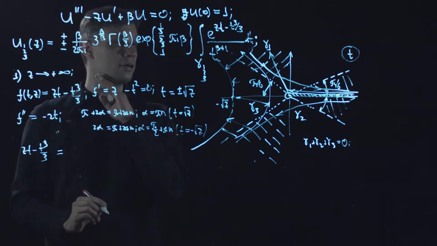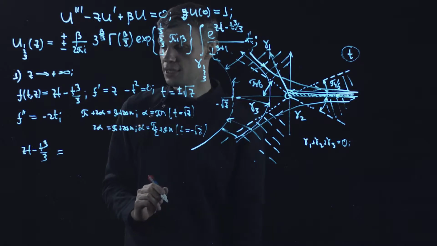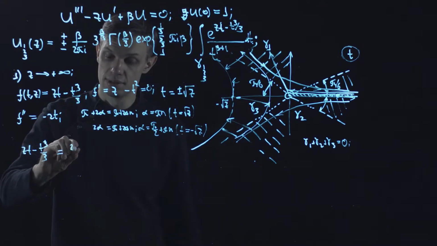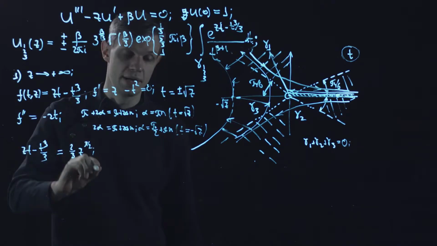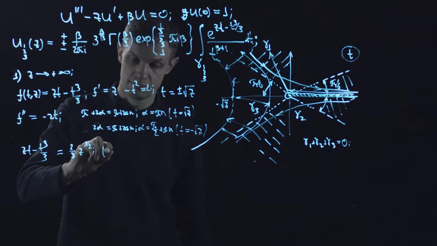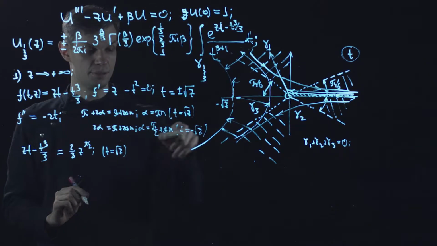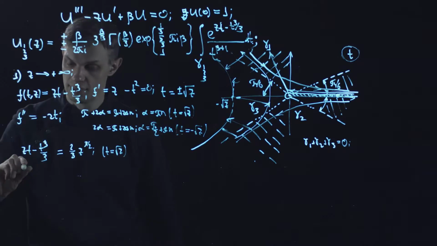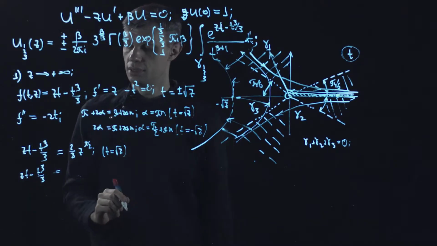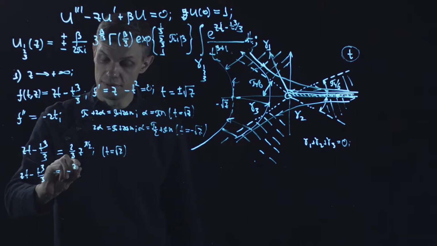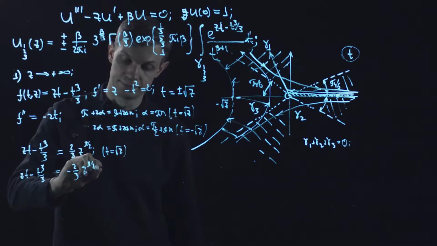So the value of the exponent at the point t equals square root of z is simply 2/3 of z to the 3/2, and at the other point, minus square root of z, it's simply minus 2/3 of z to the 3/2.